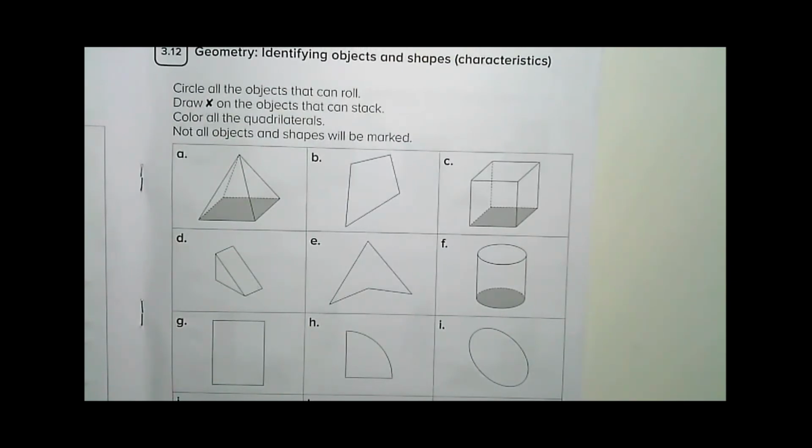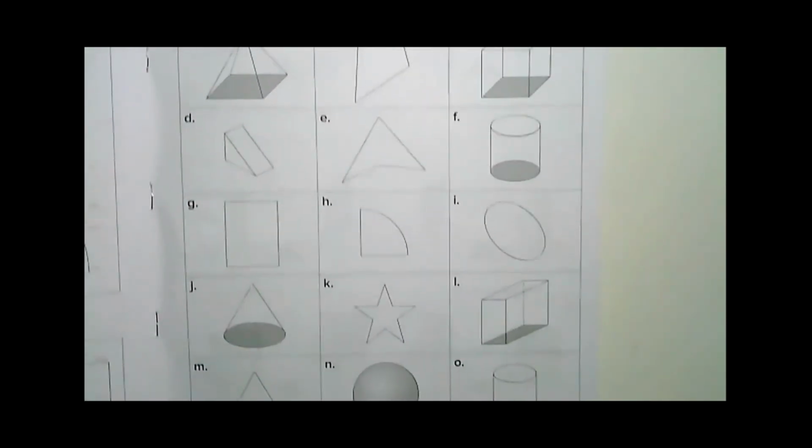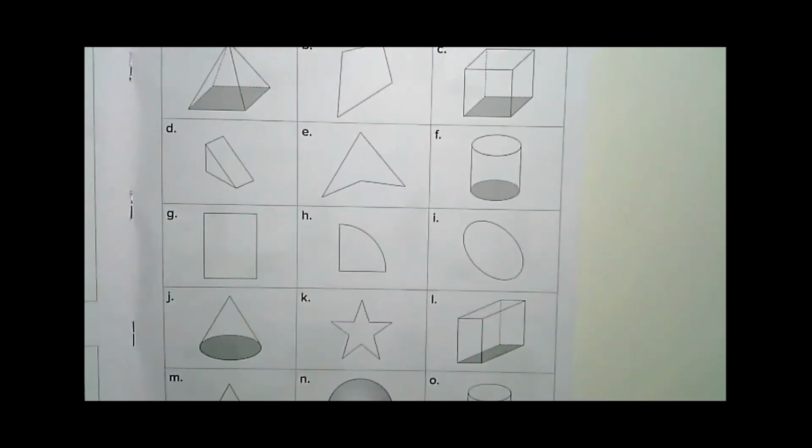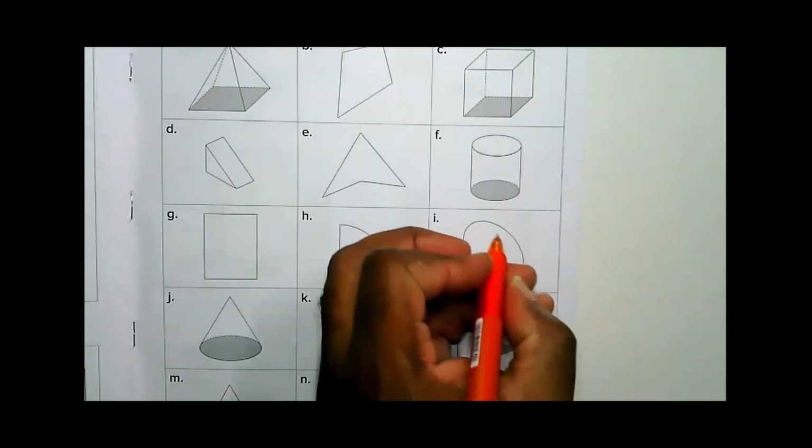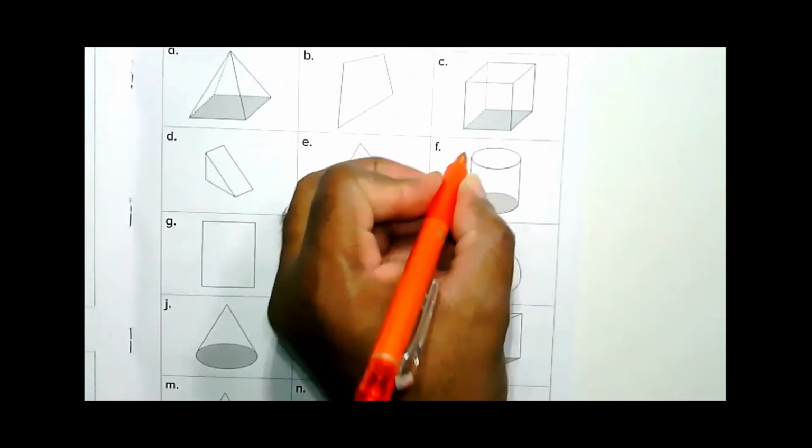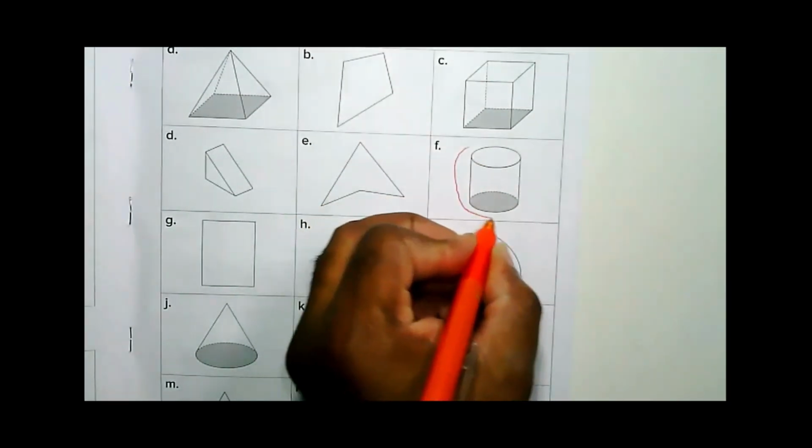So what are the objects that can roll? The objects that can roll in here include a cylinder.